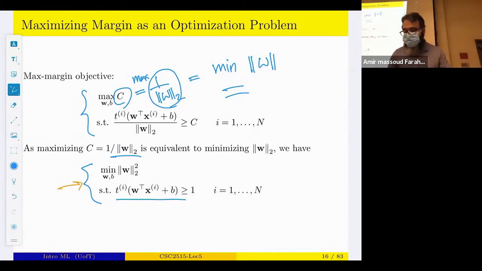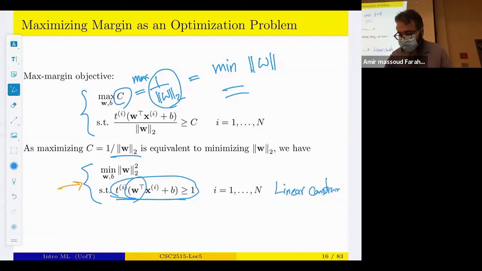Let me try to guide you. The constraints are in the form of t_i times W transpose x plus b. What is the form of it in terms of W? What function is it? Is it quadratic, linear? It's linear in W. Okay, that's right. So we have linear constraints.